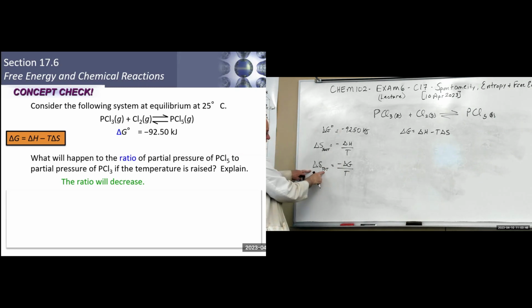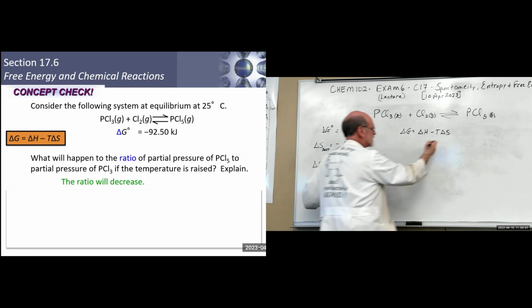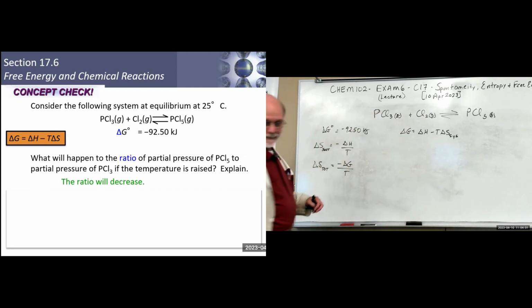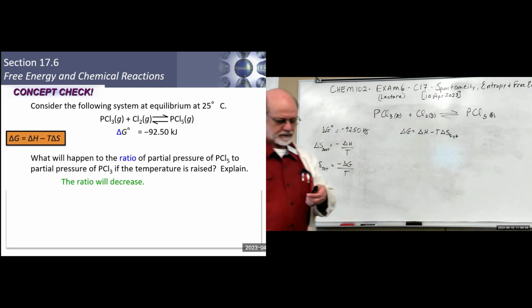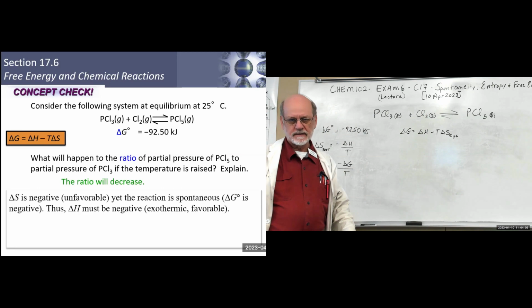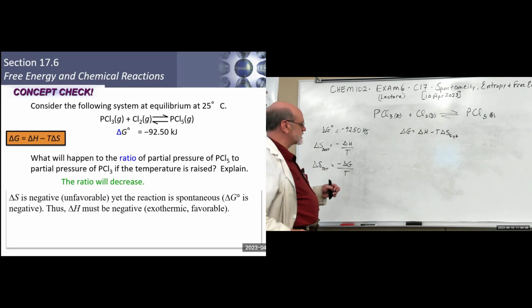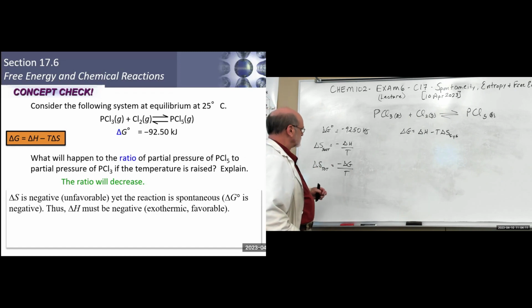So that tells us that it's definitely spontaneous. Well, that tells us it's spontaneous. But that's delta S total. This is system. Okay. Delta S for the system is negative.